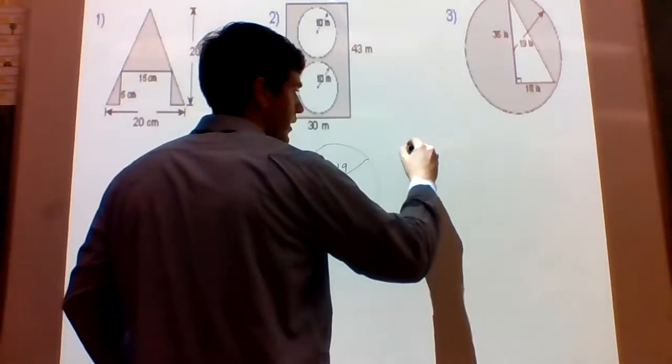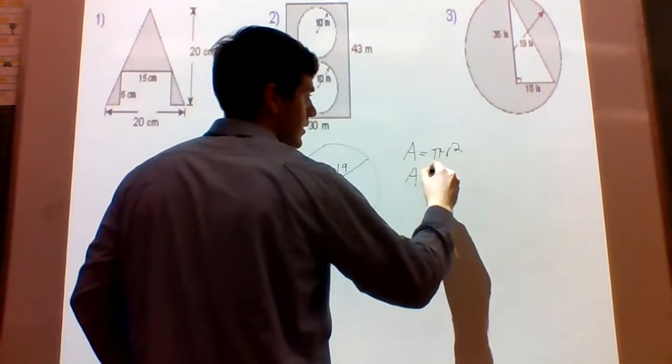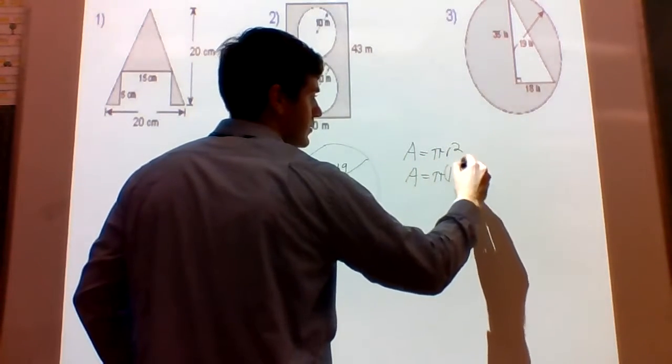So the area of a circle is pi r squared. So we have pi times 19 squared.